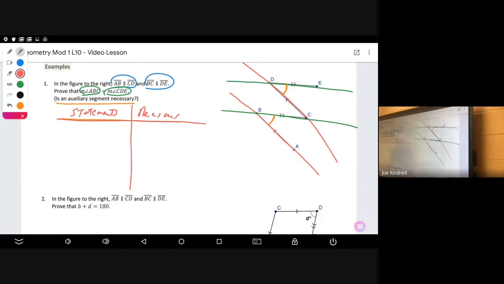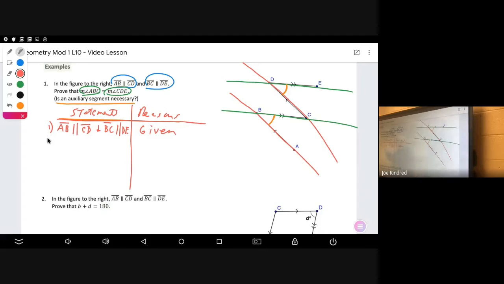And my first thing I'm always going to put is, well, what's given to us? AB is parallel to CD. And BC is parallel to DE. And that's the reason, that's given to us. That's a given.